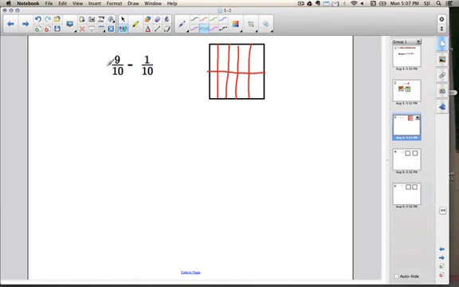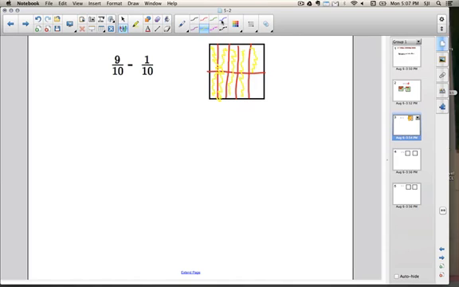So that means our first fraction is that we have 9 of these. So we have all of those 9/10.